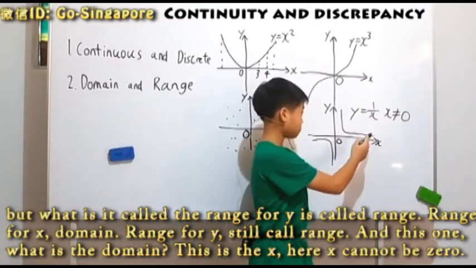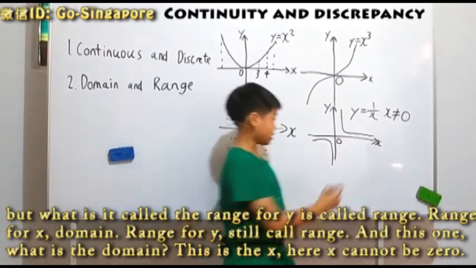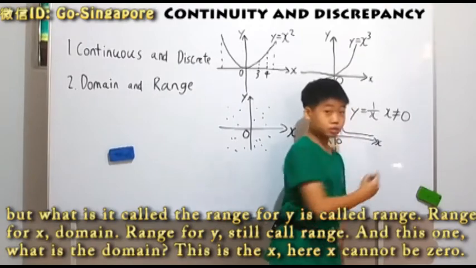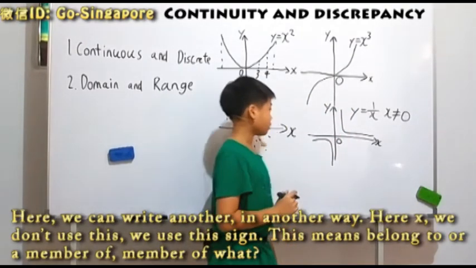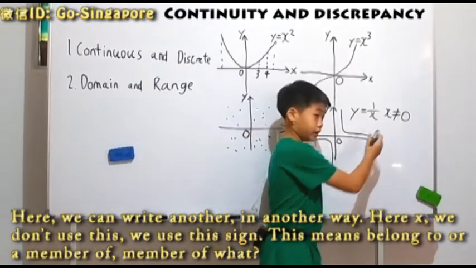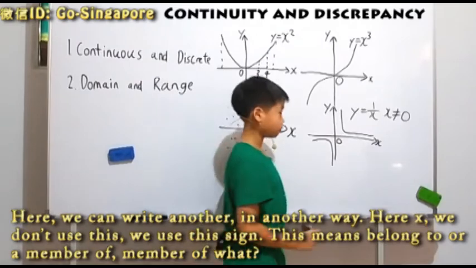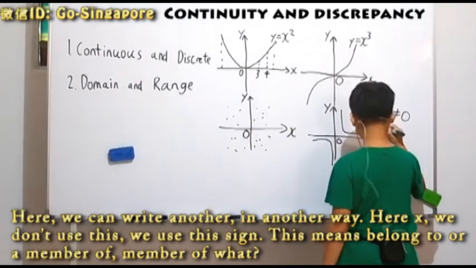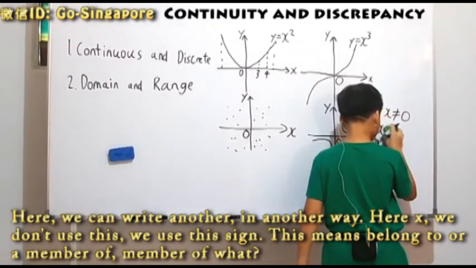And this one, what is the domain? This is the x. The x cannot be 0. Here, we can write in another way. Your x, we don't use this.